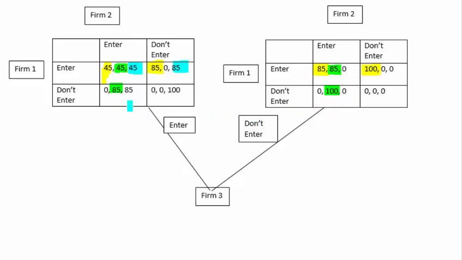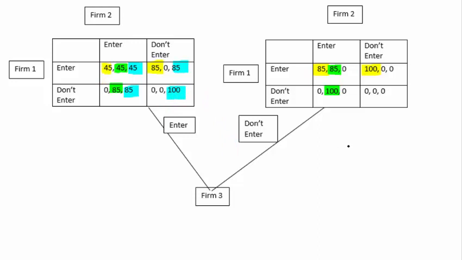And seeing as 85 is the bigger number, firm 3 will decide to enter. Lastly, if firm 1 is deciding to not enter, and firm 2 is deciding to not enter, firm 3 would decide between this 100 and this 0. And as the 100 is the bigger number, firm 3 would decide to enter.